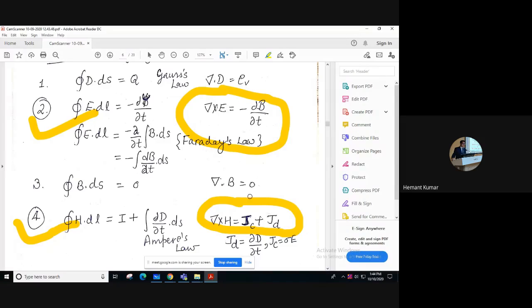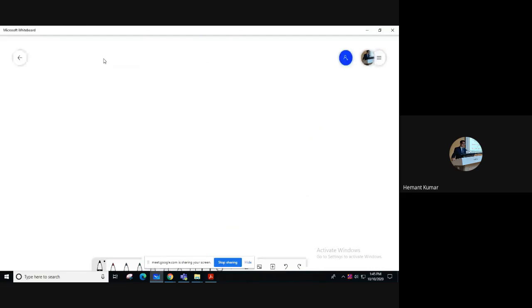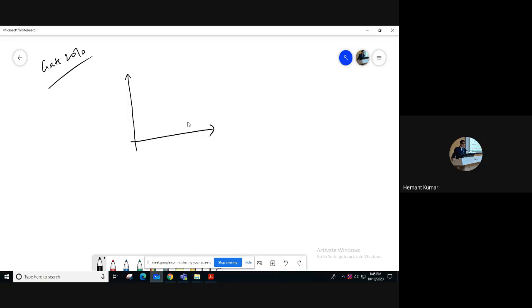I will just discuss one question that was given in GATE 2010. It is a very simple question, just related to the magnetic field direction.